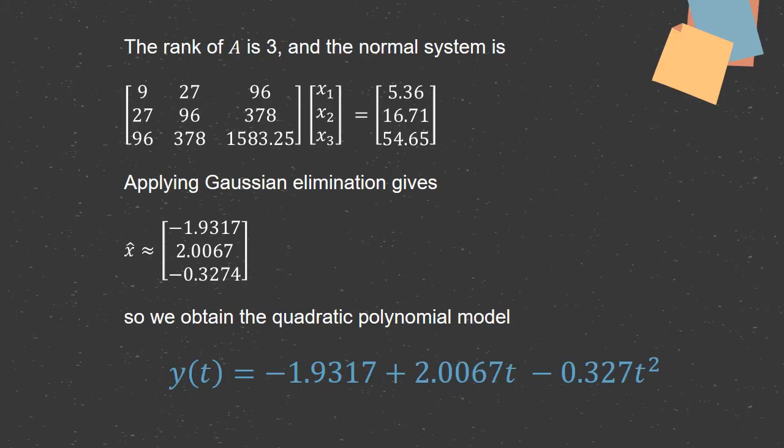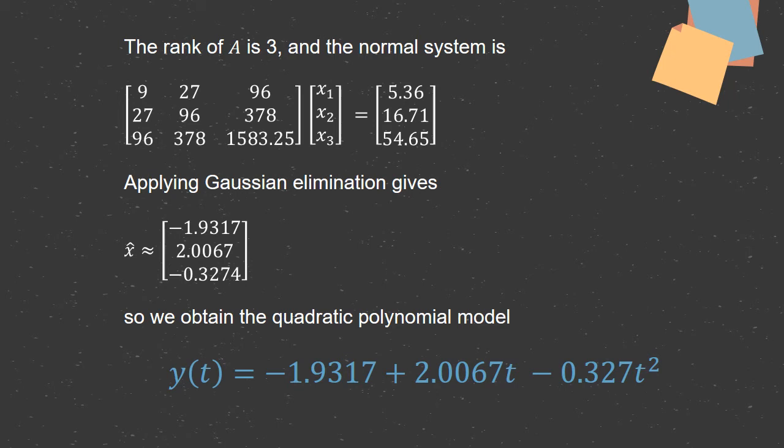The rank of A is 3, and the normal system is [9, 27, 96; 27, 96, 378; 96, 378, 1583.25] times x sub 1, x sub 2, x sub 3, equal to 5.36, 16.71, and 54.65.